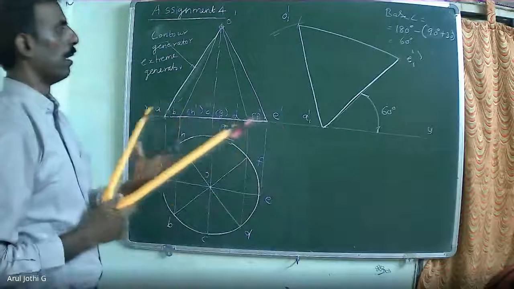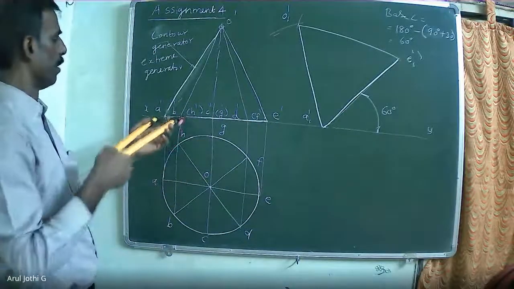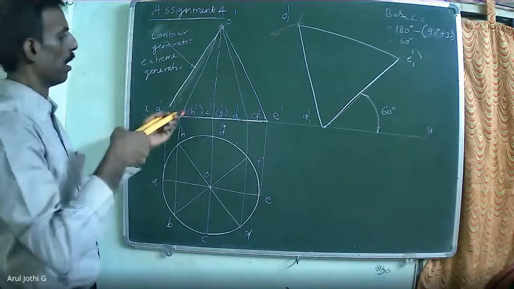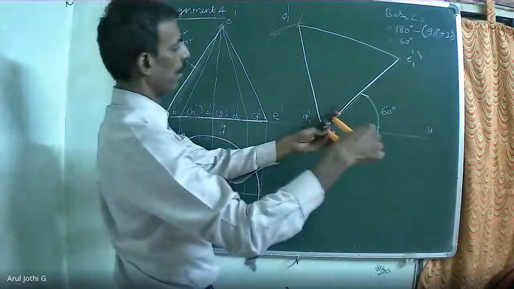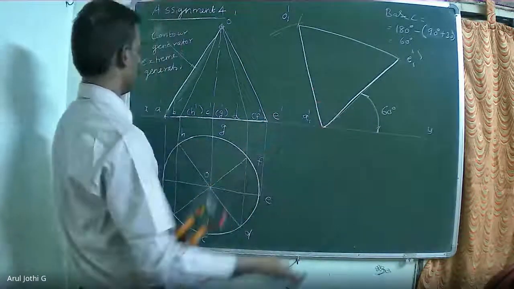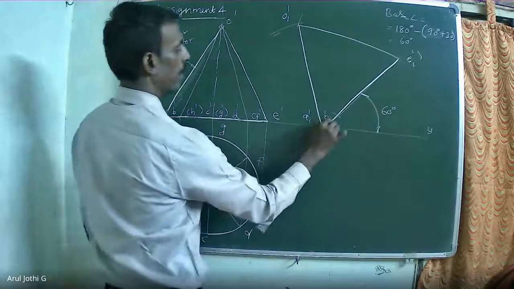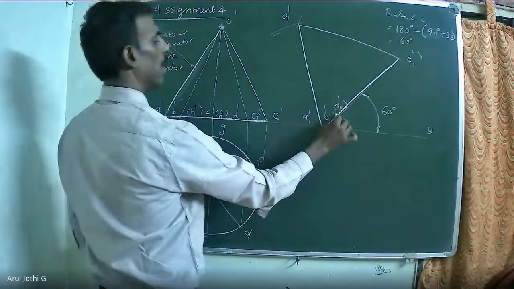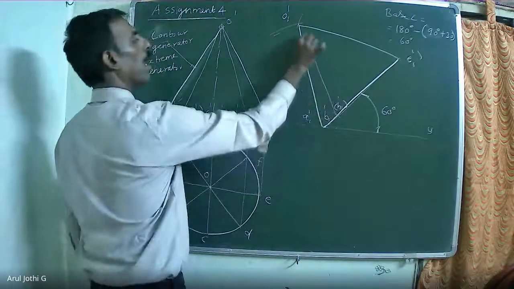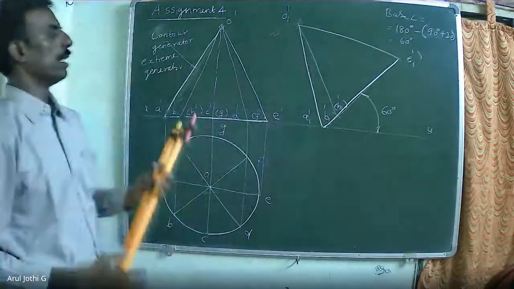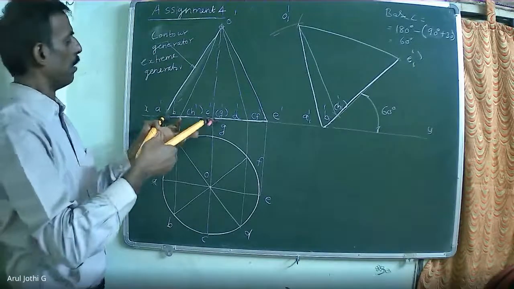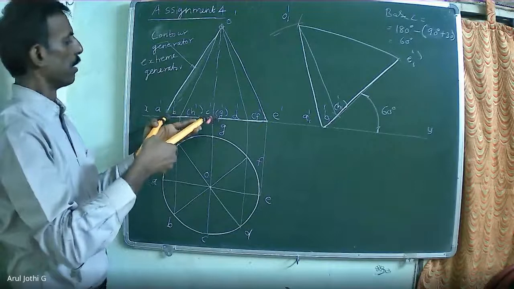Now transfer the remaining points here. Measure A to B. This will be B1 and H1. All the generators should be thinner; only the outer boundary should be darker. Then measure A dash, C dash.